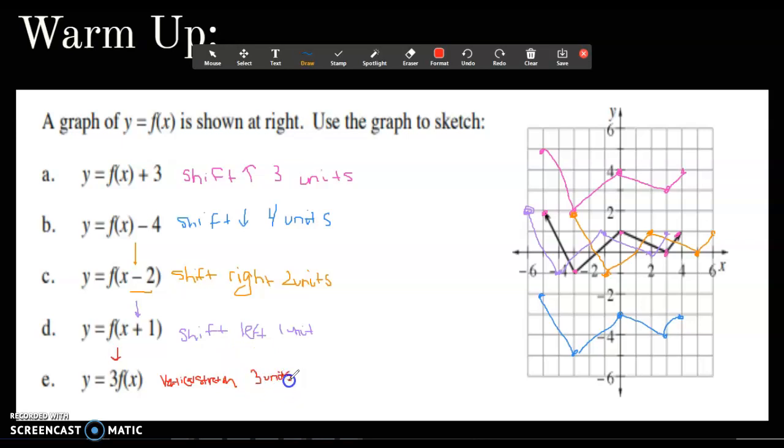That means what I'm going to do is take every single one of my y values and multiply them by 3. All of my values get multiplied by 3. Let's go back to the original function. Over here where I'm at 2, I multiply that times 3. That would bring me up to 6.